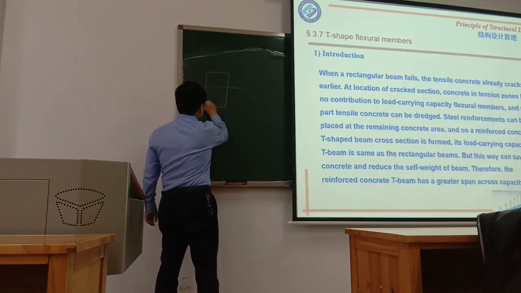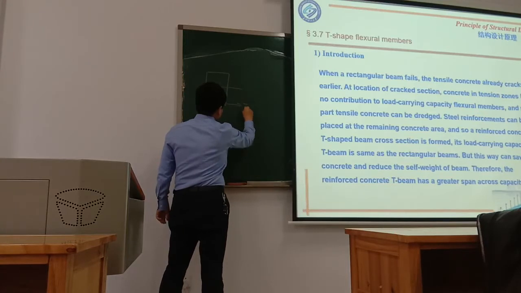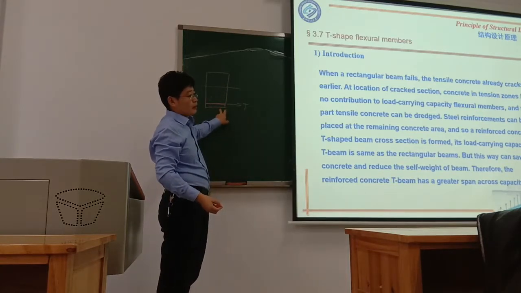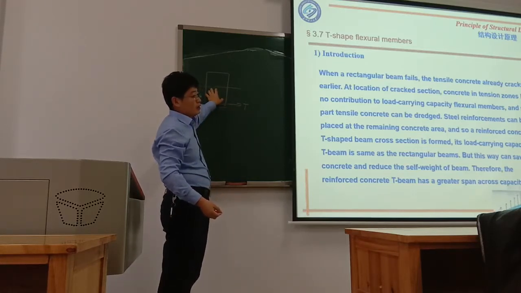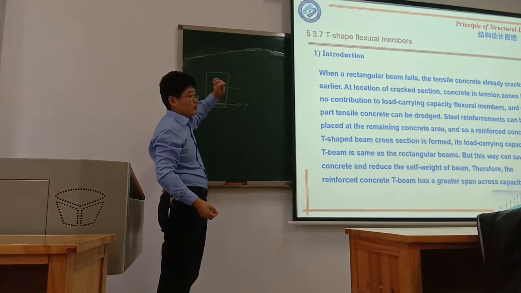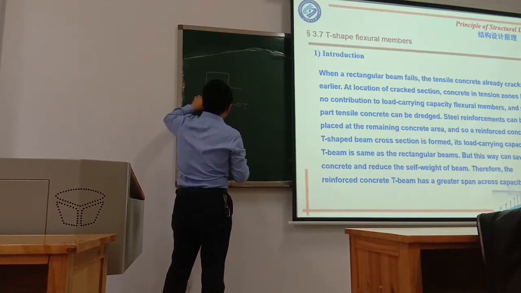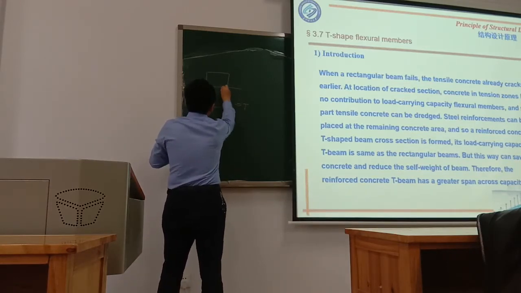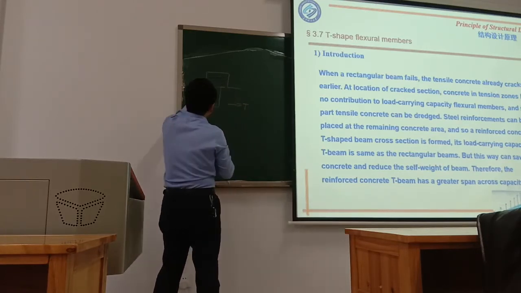The force we see, we just transfer to this reinforcement. So this concrete actually is of no use for the load carrying capacity. Then we try to remove it just like this, something like this. Then generally we get this T shape.